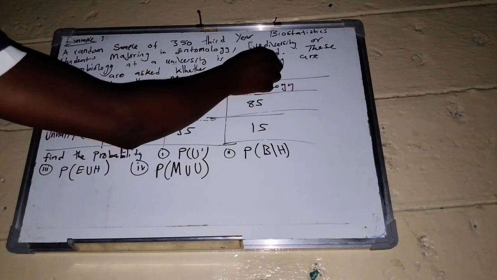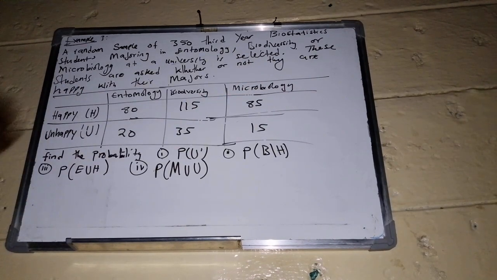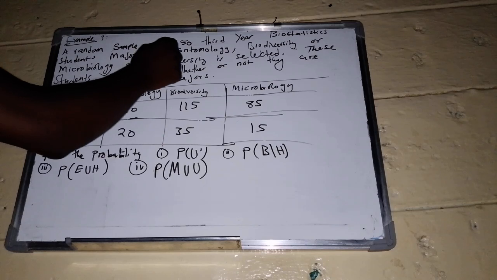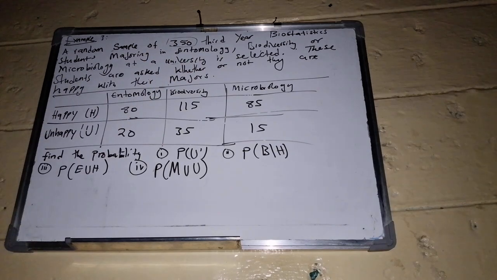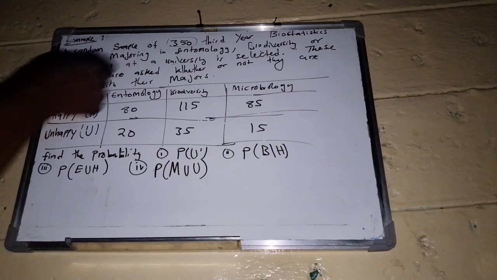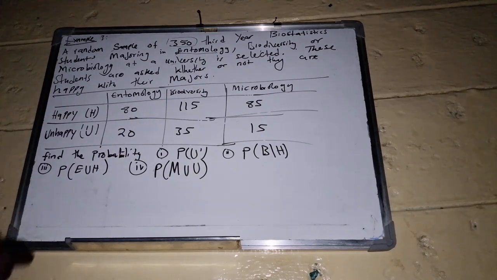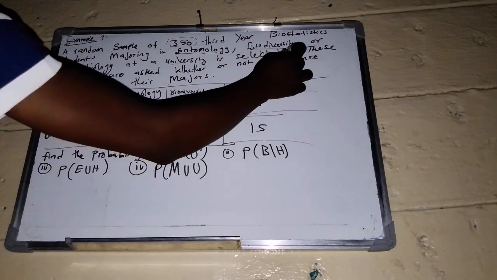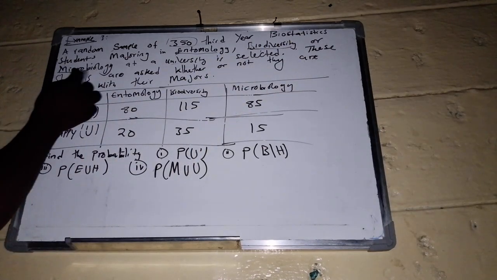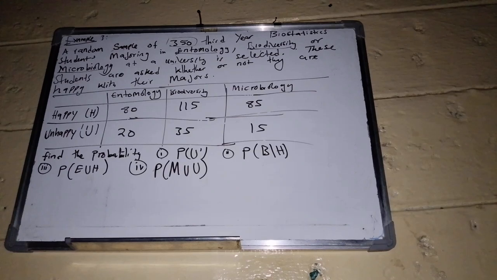So this is a random sample selected from 350 third year students. How many courses are we trying to look at? If I pick a person, this person can be majoring in entomology, biodiversity, or microbiology. So these are the three programs for these 350 students.